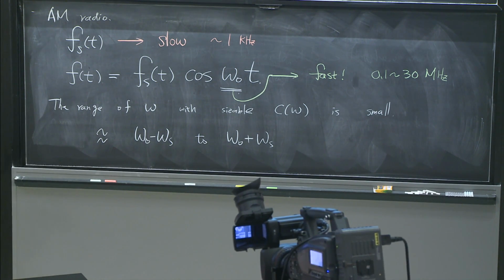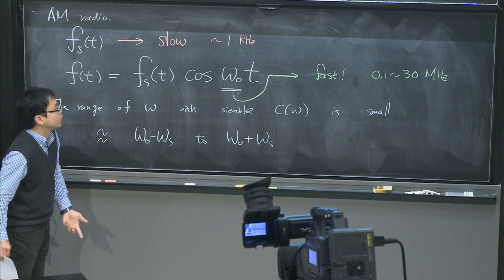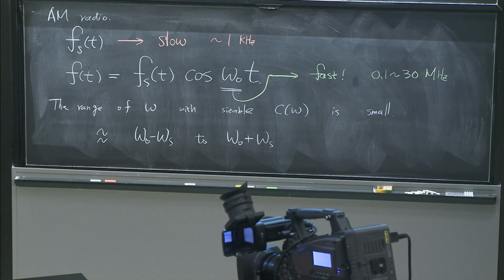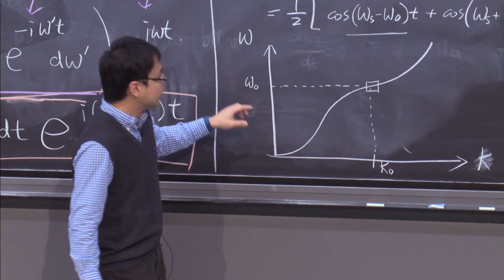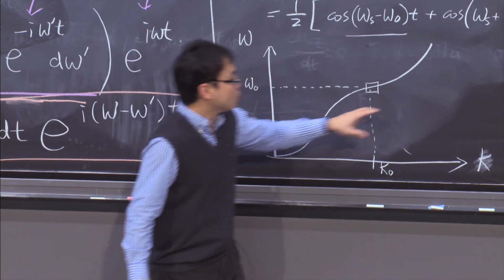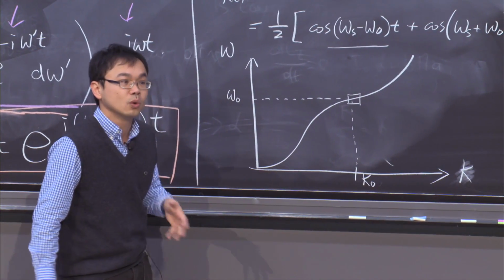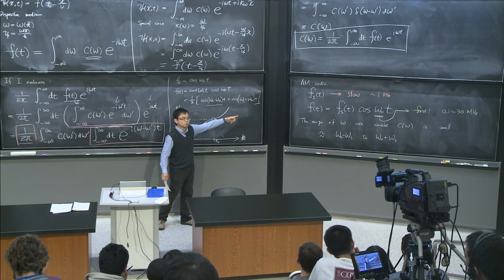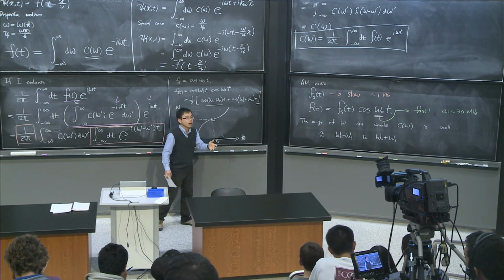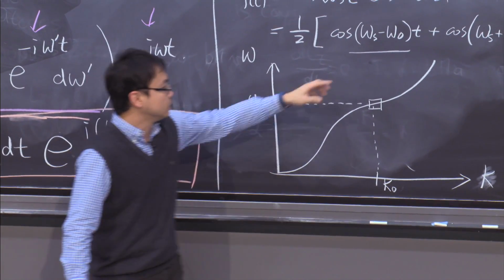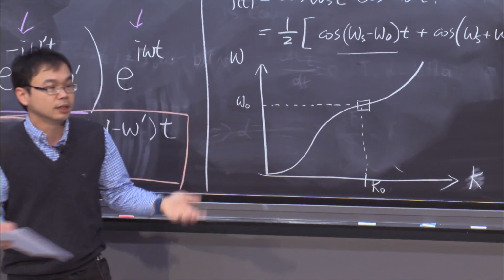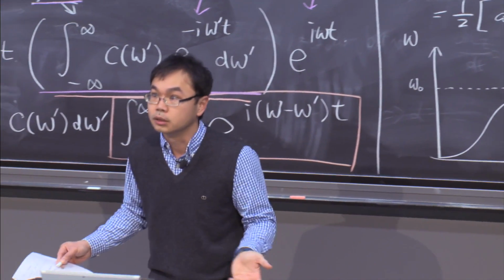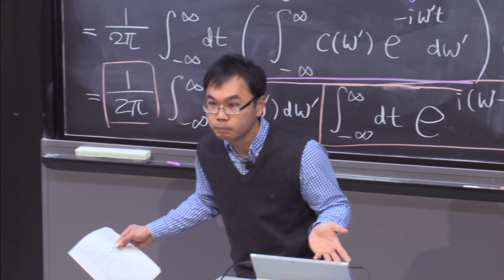But if this is a slow function, but not really a single harmonic wave, then you are going to need a wide range of k value or omega value to describe f of t. Then you are in trouble because now all the waves with different wavelengths are going to be traveling at different speeds.